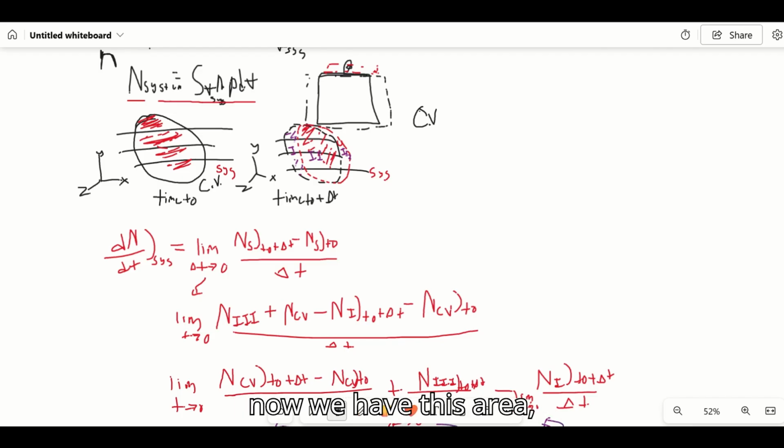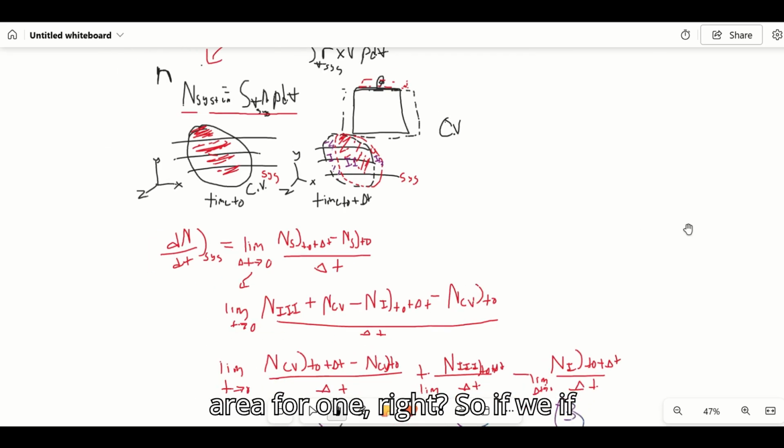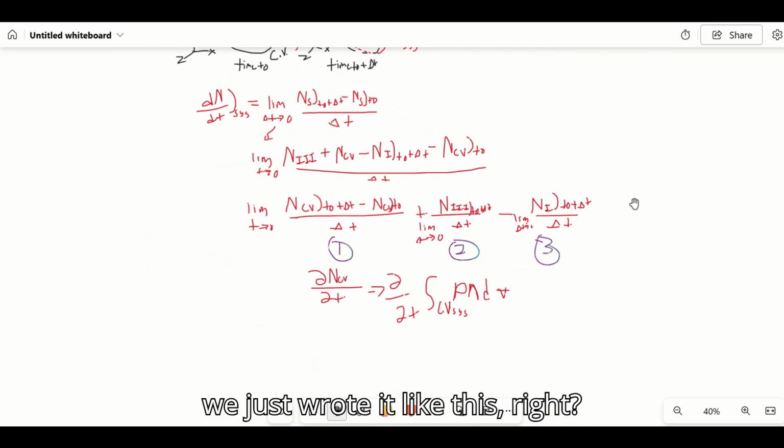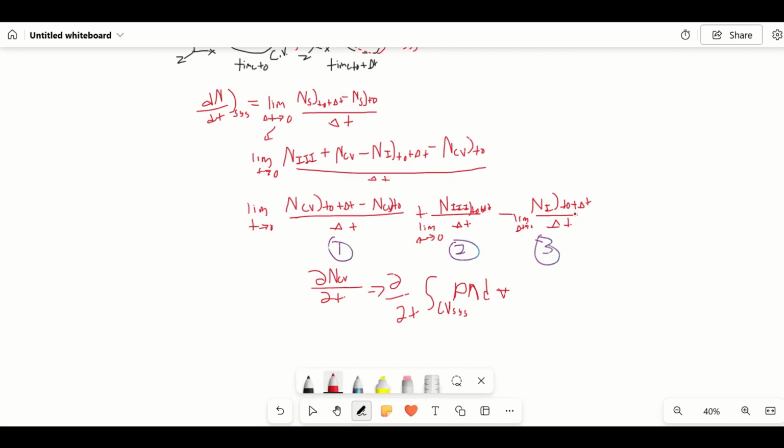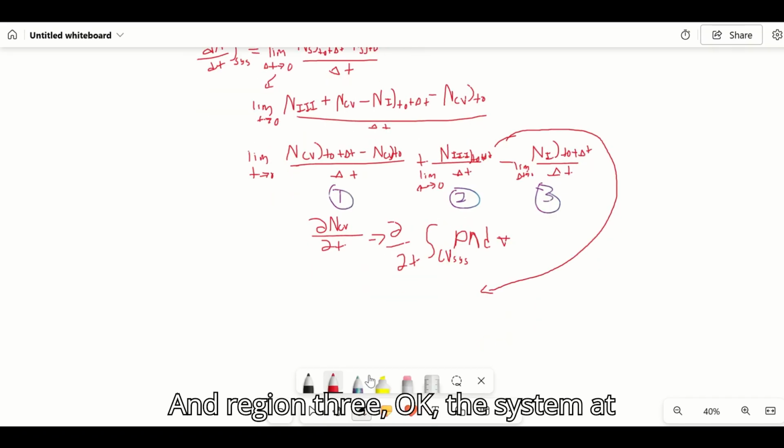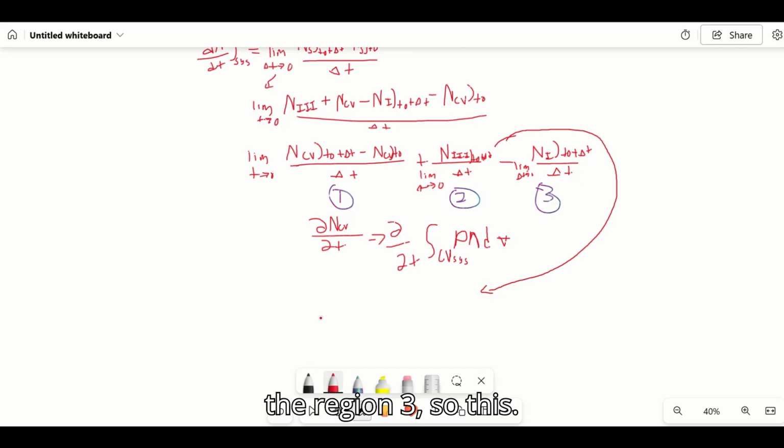And so now we have this area for 3 and this area for 1, right? So if we just wrote it like this, we're going to do this one, region 3. Okay, this system at region 3.